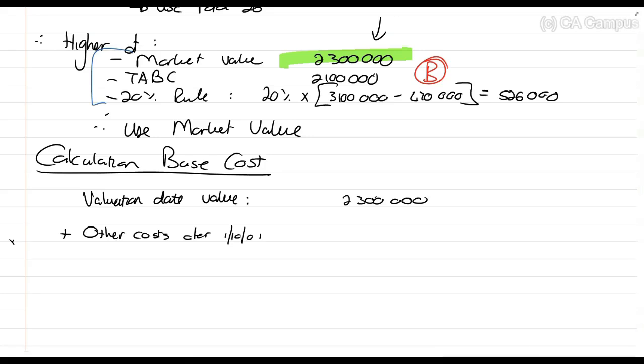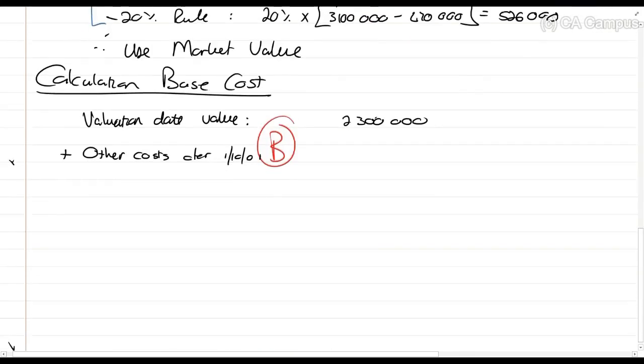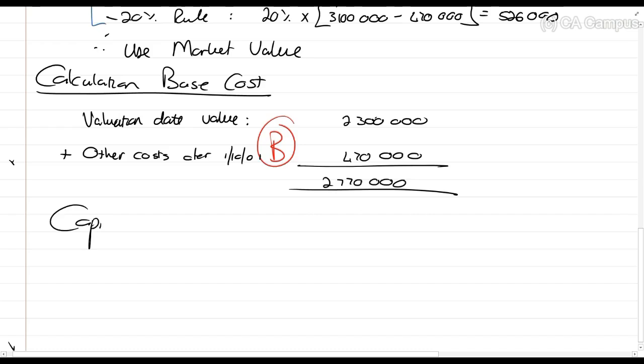And that is column B again. That's 470,000. Right, so 2,770,000.